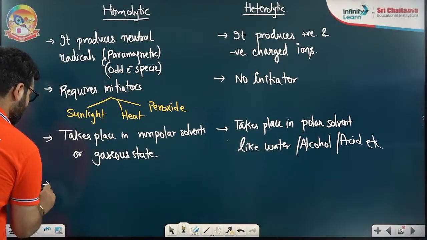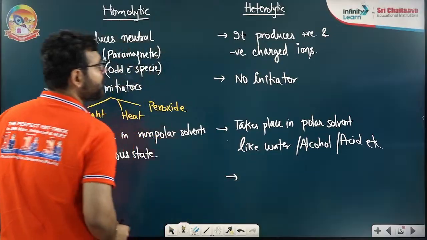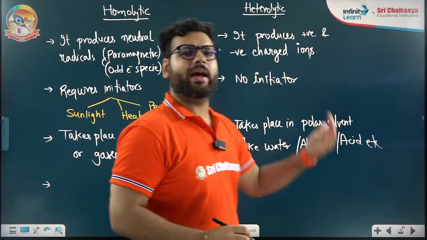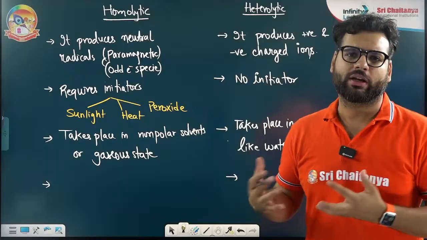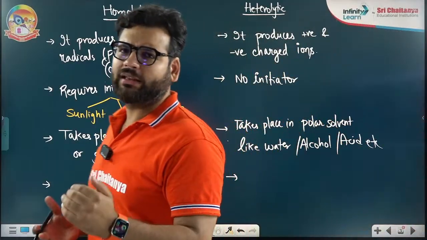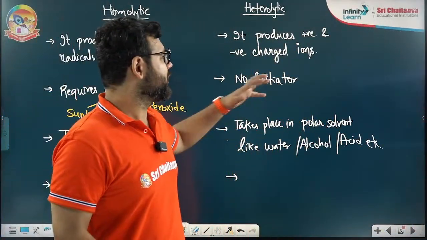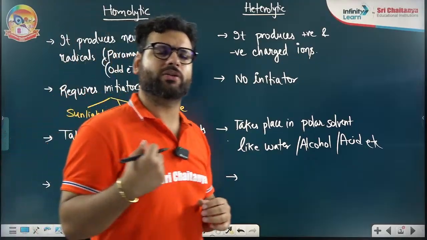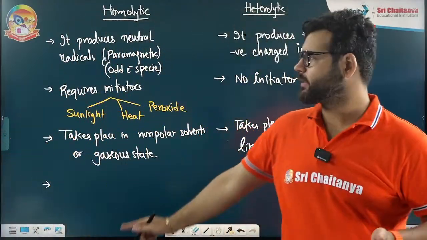Then one more point that you should remember is that heterolytic has more bond dissociation energy. It means if you want to break the bond by heterolytic cleavage, because there is a separation of so many electrons, it requires much more energy as compared to homolytic.